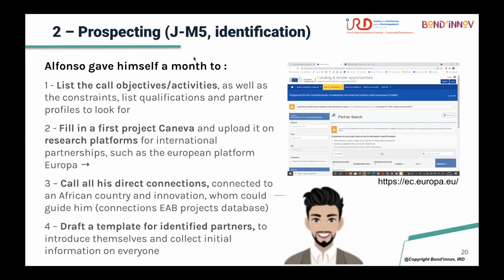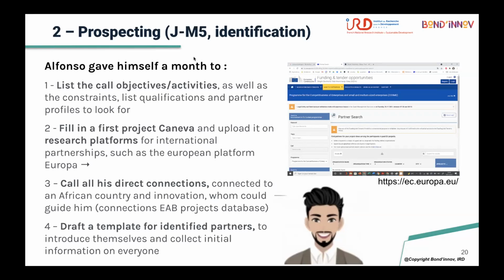For example, for the European call, you have the Europa platform. In this platform, you can search for partners. So if I have a company, I can go to this platform and register myself, describing my activities, my expertise, etc. And then if Mamadou, for example, is looking for someone like me for his consortium, he can find my profile on this platform.